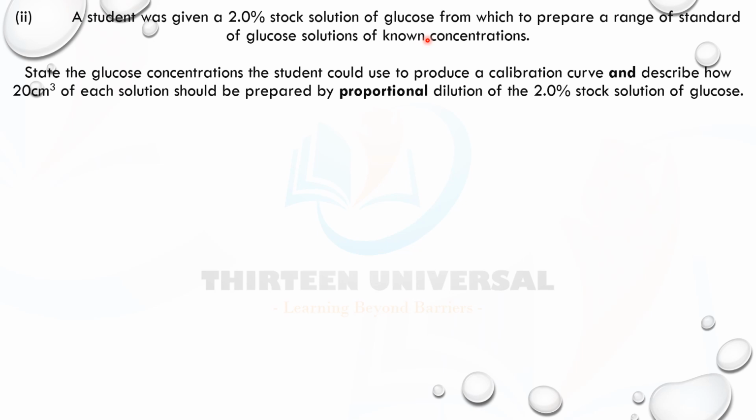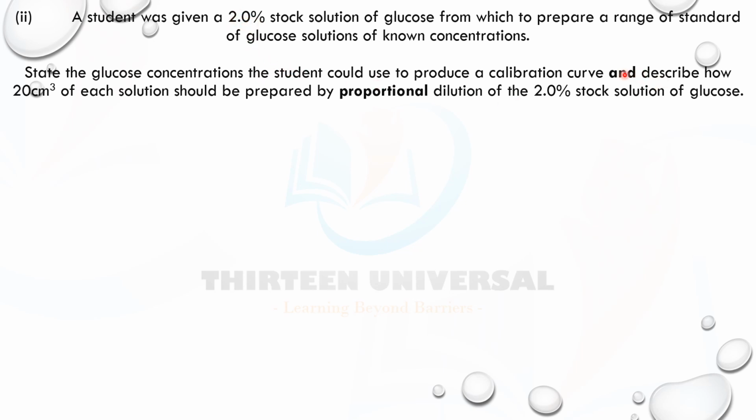So you can plot a curve between that concentration and absorbance, so that we can then use the curve to determine the concentration of an unknown solution. Now state the glucose concentration the student could use to produce a calibration curve. State the glucose concentrations, produced from this stock, that's what they're asking.